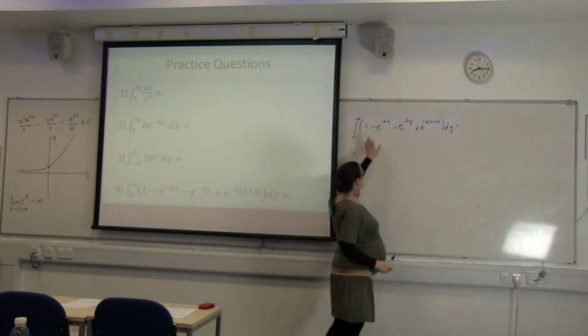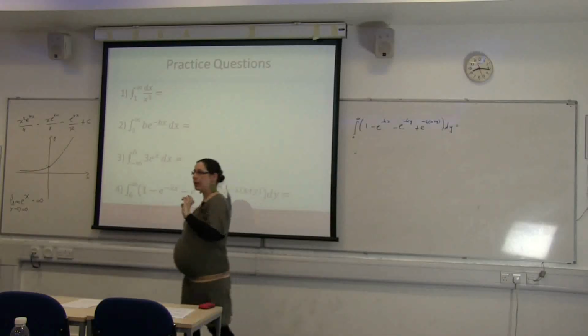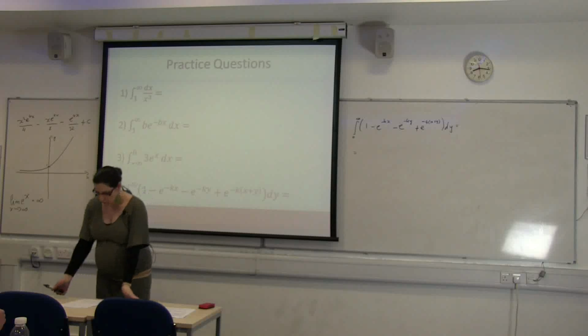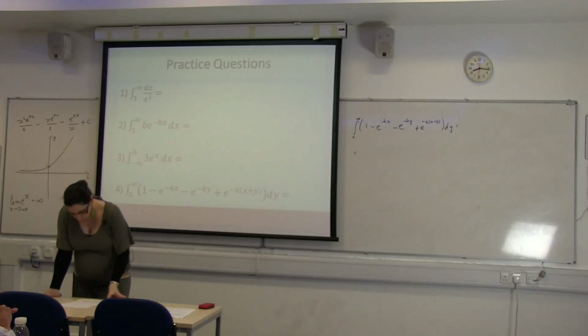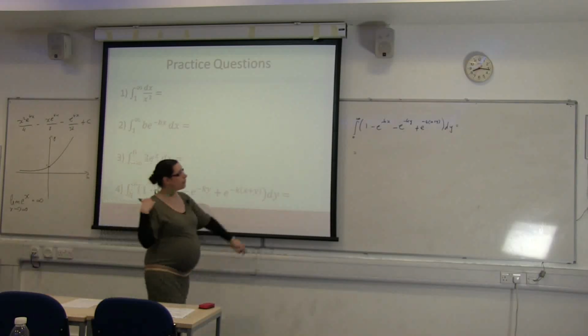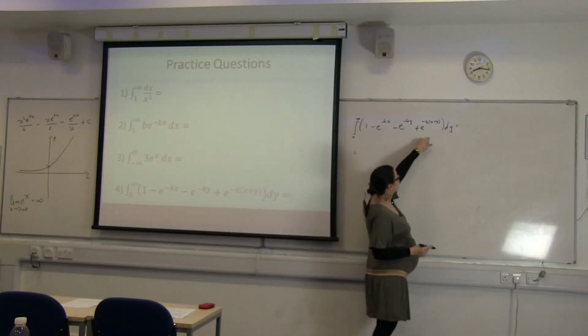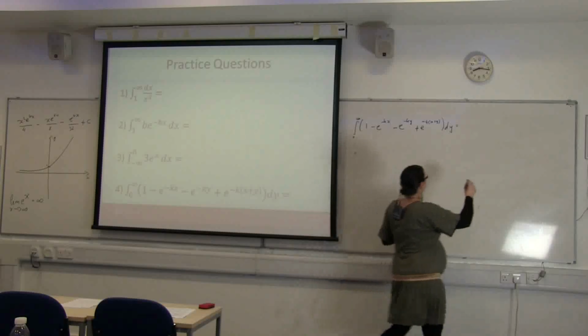So there are terms where x is present, and there are terms where y is present, and there are terms where both of them are present. So what I can actually do here, this one, I'm going to do it on the side here.